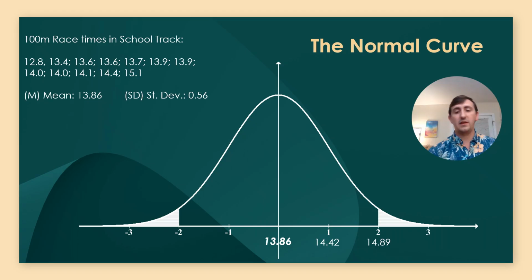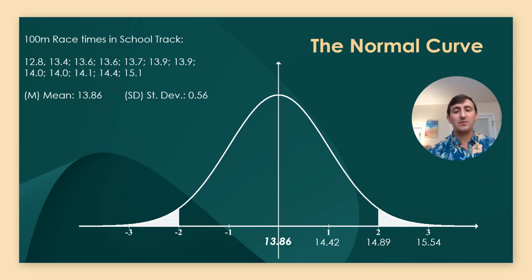So 1 standard step. And then again, for that third standard deviation, 15.54. And if we look at our data set, no one ran that slowly. No one ran 15.54.